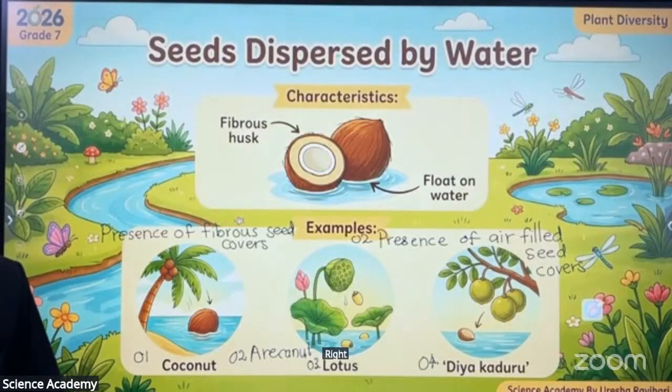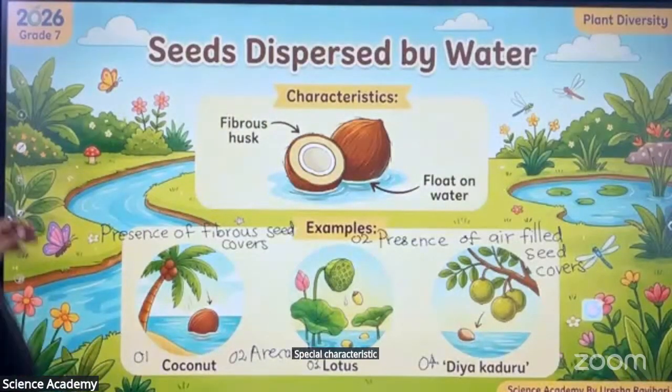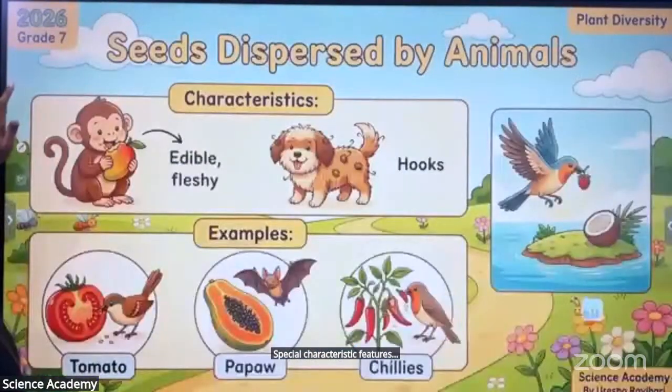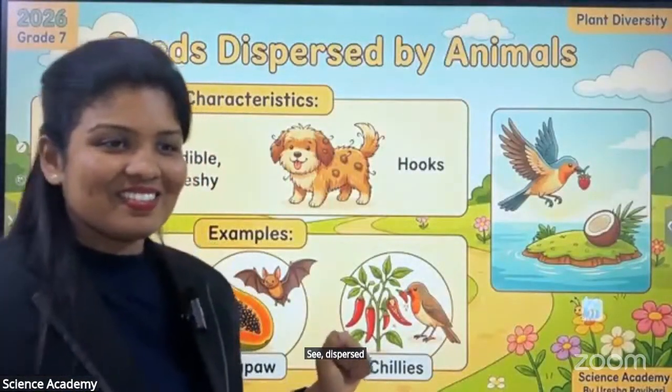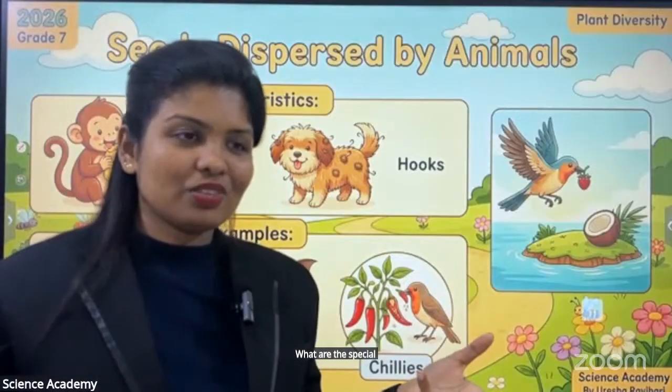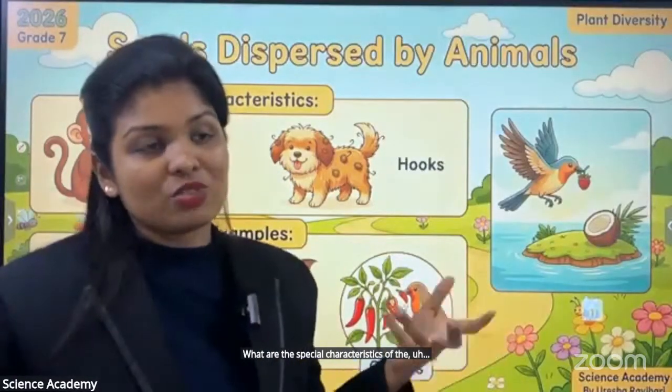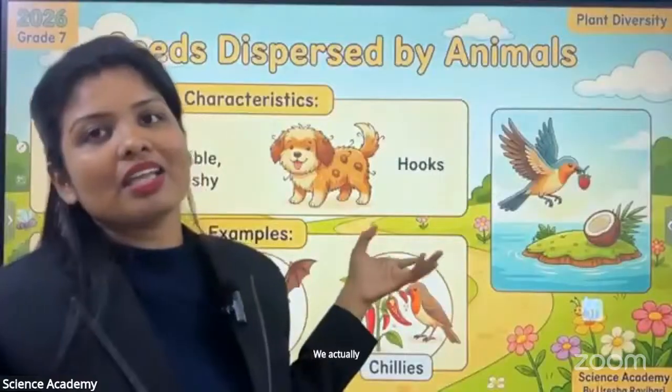Right. So children, next we are going to discuss the special characteristic features that we can see in seeds dispersed by animals. What are the special characteristics of seeds dispersed by animals?